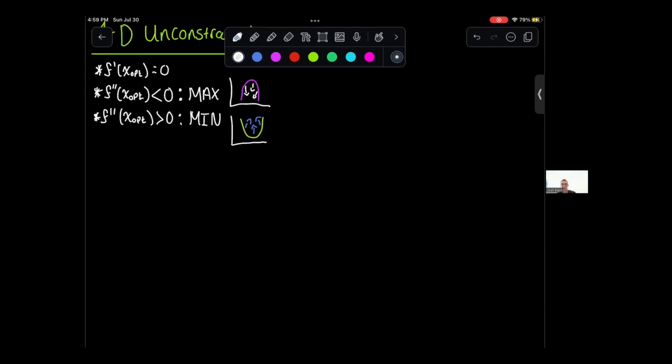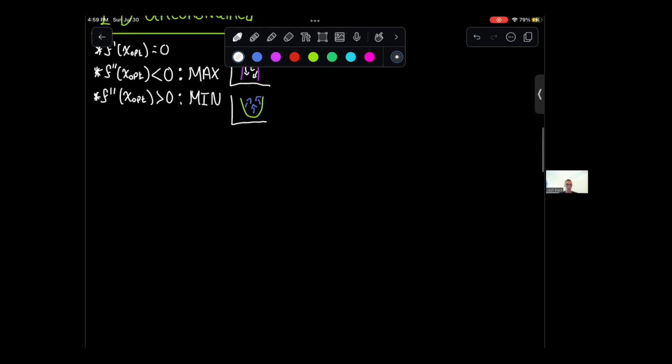Now we're going to be talking about the first kind of optimization method. This is a bracketing method, so hopefully you know what a bracketing method is. If not, I'll let you know what exactly it is. A bracketing method will pin the maximum or minimum between two specific points.